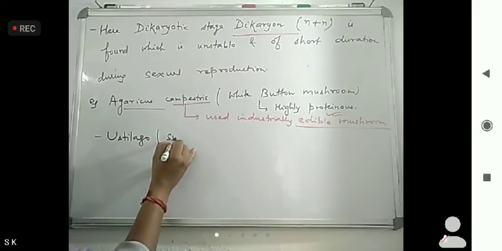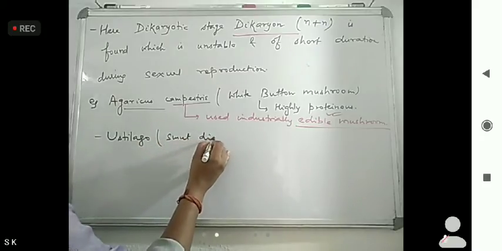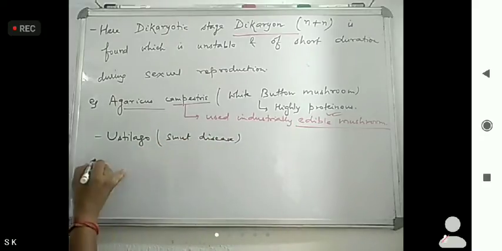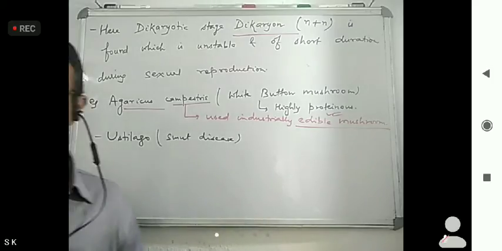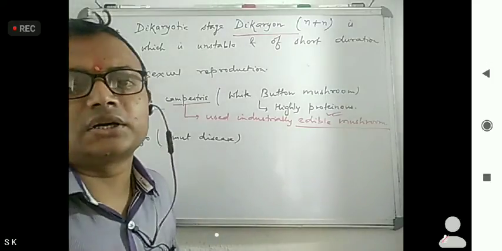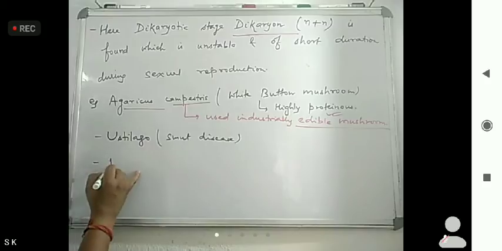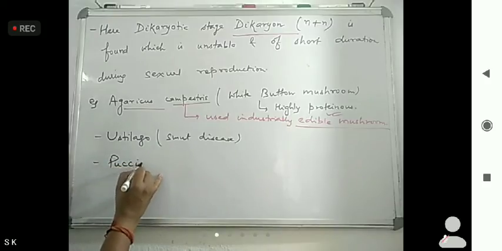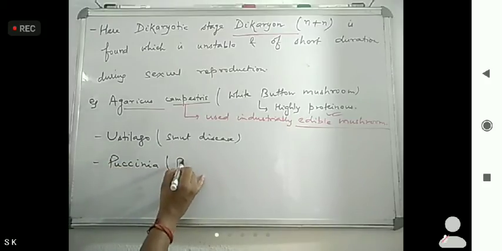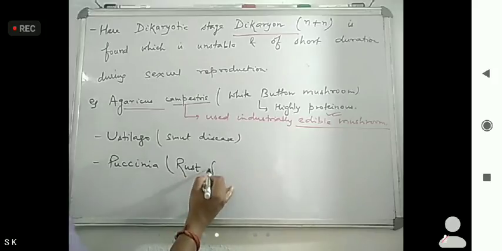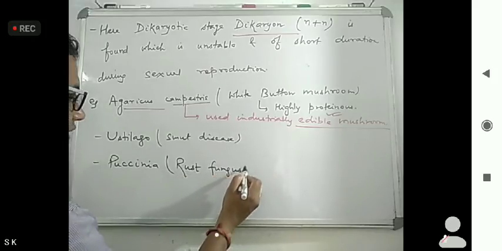Okay, now next example is Ustilago, that causes mostly smut disease. Okay, next example is Puccinia, that causes a rust fungus. Puccinia, so it causes rust fungus.